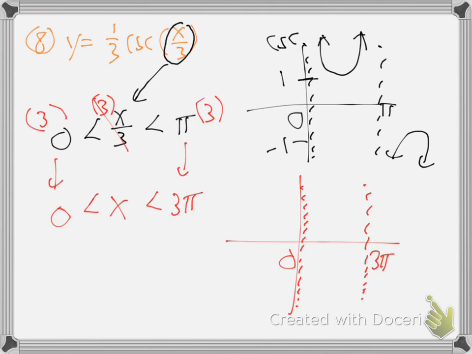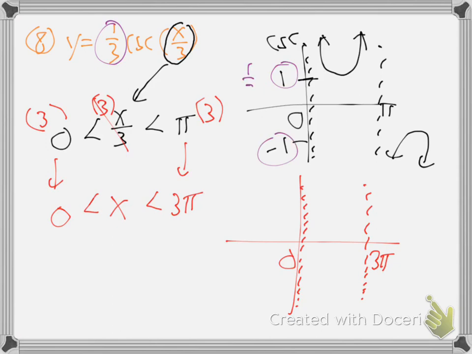What do you think is the effect of that 1/3 in the front now? What have we said numbers in the front always do? Heights, yeah, they affect the heights. They affect the y values. So it's just going to make it 1/3 as high. Now, where does cosecant normally hit height-wise? 1 and -1.